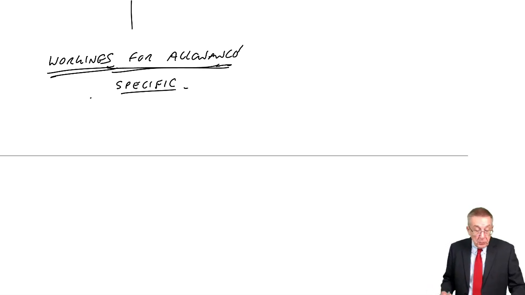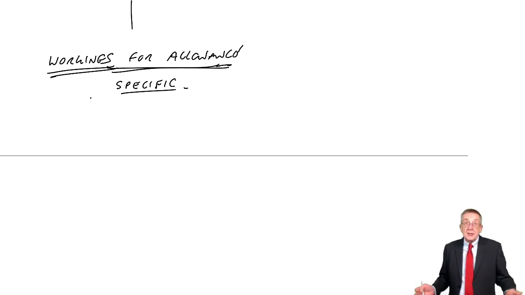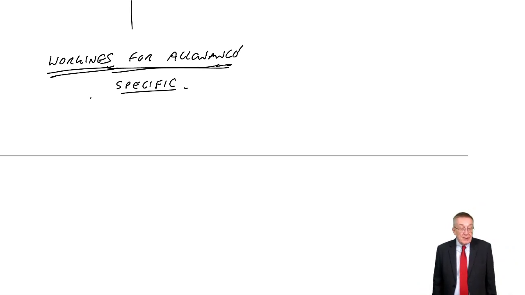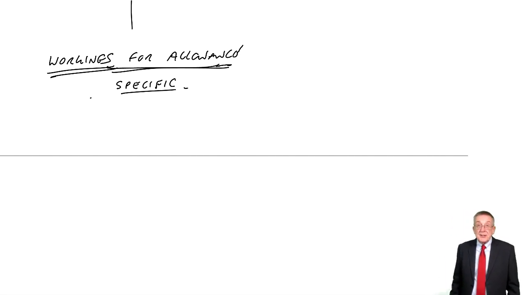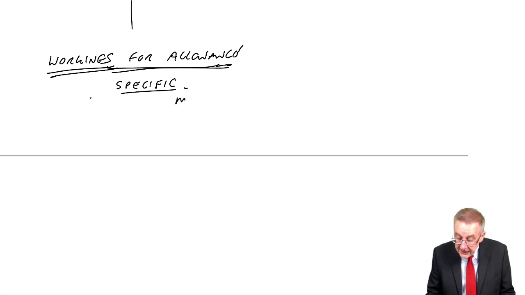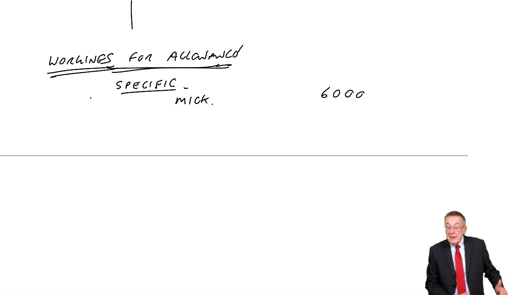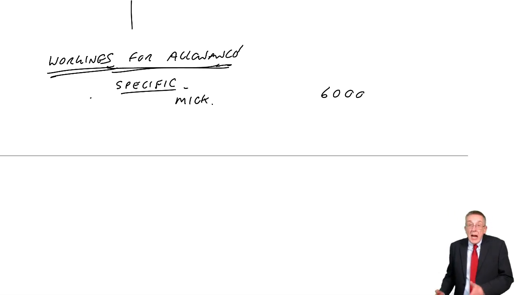We've removed him, no problem. Anne had paid, so she's not doubtful. Ringo was removed. The only one left is Mick. Mick is owing 6,000. He is doubtful. So we've left him in receivables, but we need an allowance. He's doubtful.